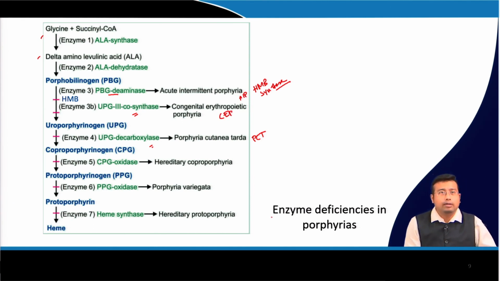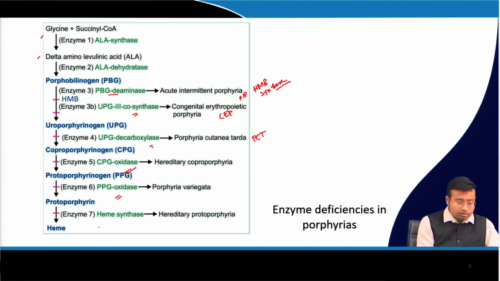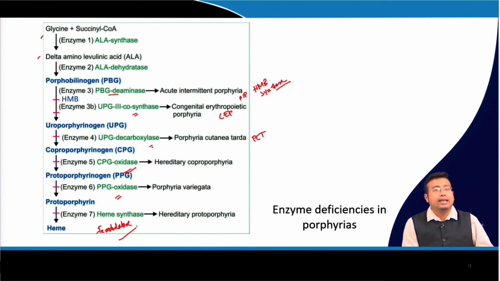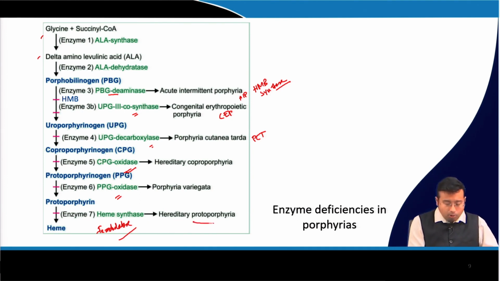Hereditary coproporphyria due to deficiency of coproporphyrinogen oxidase, variegate porphyria or porphyria variegata, okay, due to deficiency of protoporphyrinogen oxidase, and finally the deficiency of heme synthase or ferrochelatase. Ferrochelatase deficiency leads to hereditary protoporphyria or erythropoietic protoporphyria. The name protoporphyria is very important, all right.